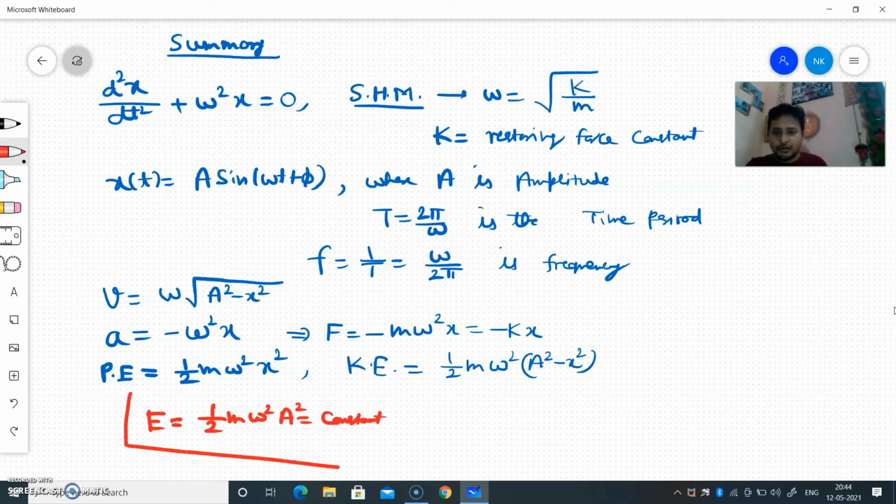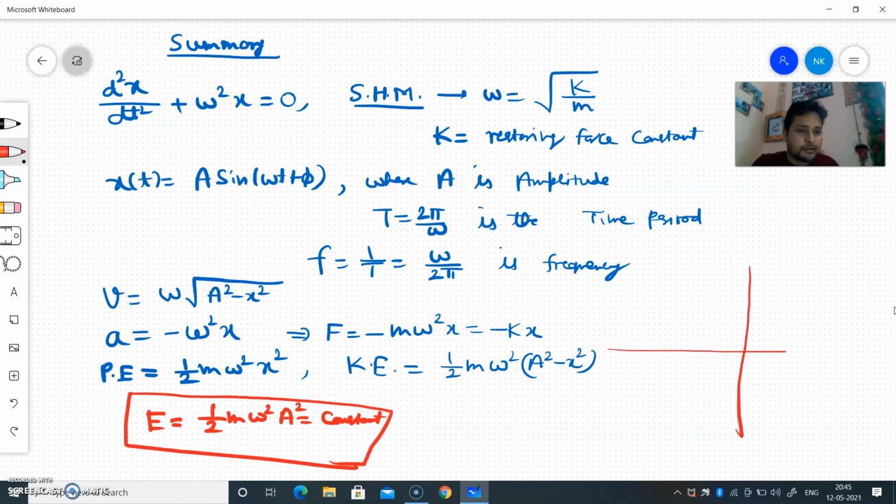So all these are the formulas, and if you plot the kinetic energy and potential energy, let me draw it. So let me draw it here. So I want to draw potential energy, kinetic energy here. Let's say drawing is not perfect, so pardon me for that. So this is, I have drawn A axis.